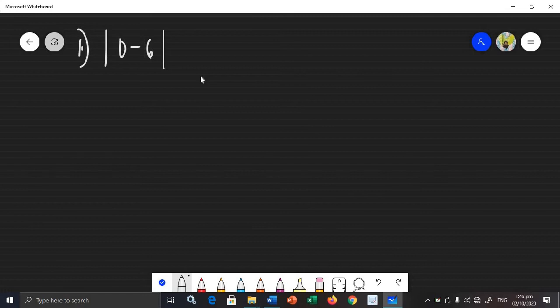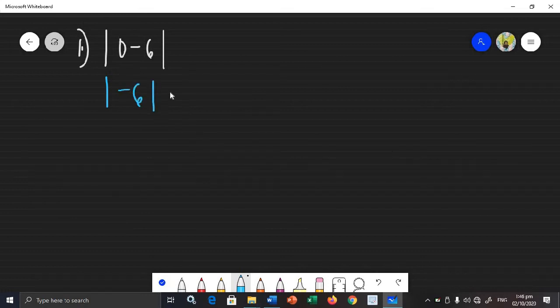We will first solve the expression inside the parentheses, or the absolute value symbol. Okay? So, if we solve this, 0 minus 6, the answer is negative 6, right?